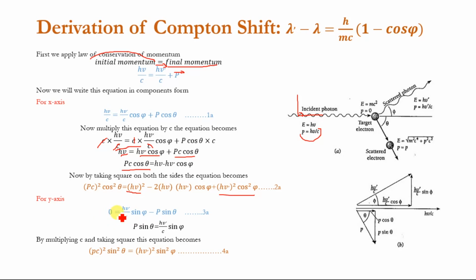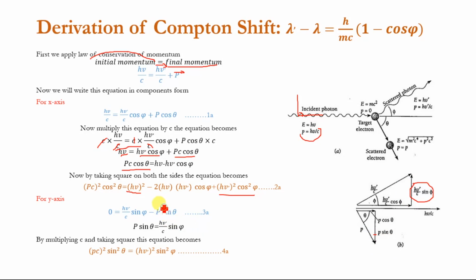Now after the scattering we have the y component of the scattered photon, hν'/c sin φ, minus p sin θ. This is minus p sin θ because this is in the downward direction. So we consider hν'/c sin φ positive and p sin θ negative.